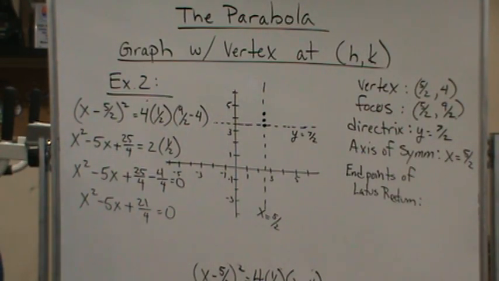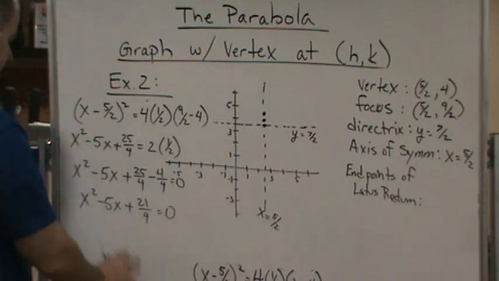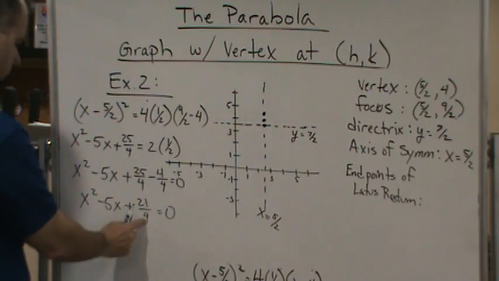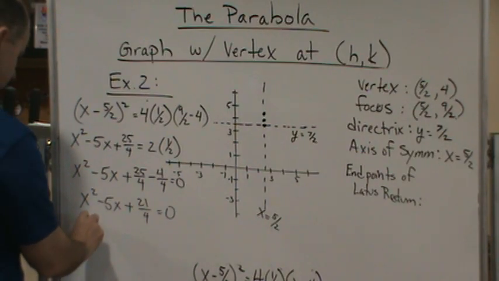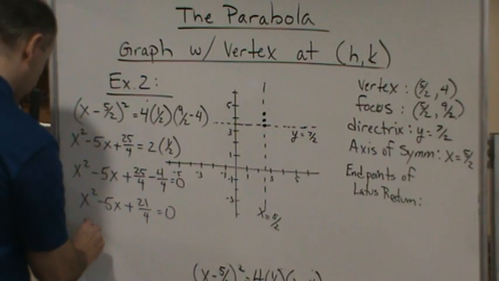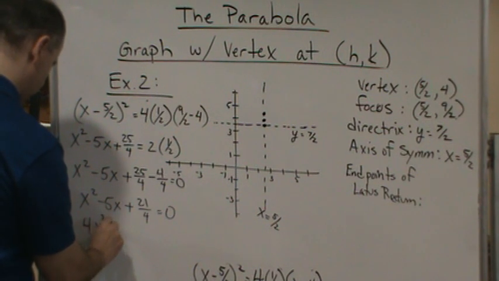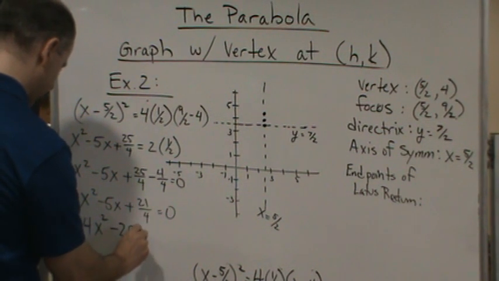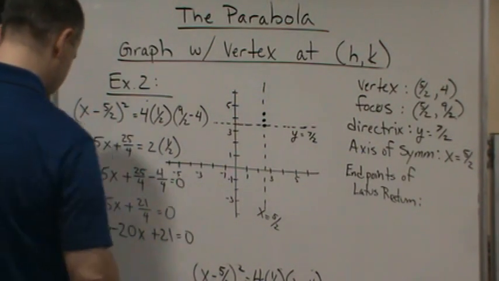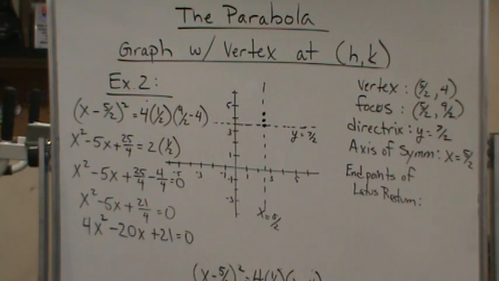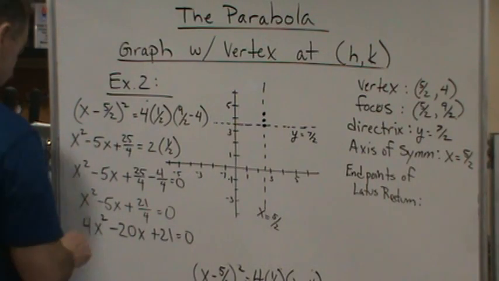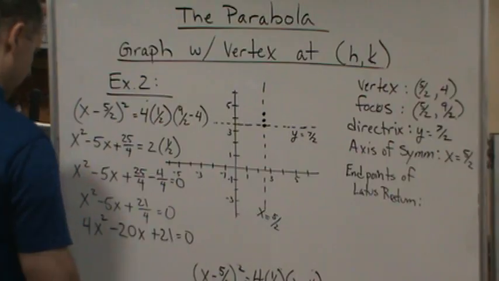Now, here's where I'm going to use the same tactic that I used before, but this time I'm going to multiply everything by 4 to get rid of the fraction. So I get 4x squared minus 20x plus 21 is equal to 0. Now I'm going to use the AC method to see if I can factor this. 4 times 21 is 84.